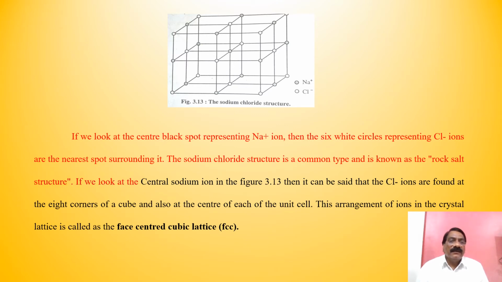If we look at the central sodium ion, then it can be said that the Cl- ions are found at the 8 corners of the cube and also at the center of each face of the unit cell.